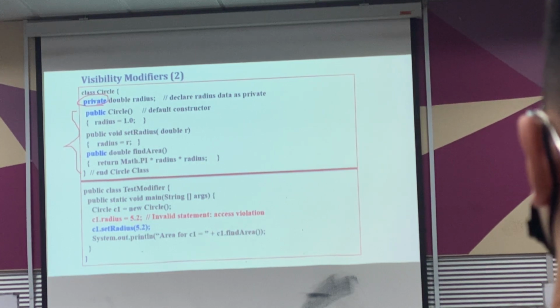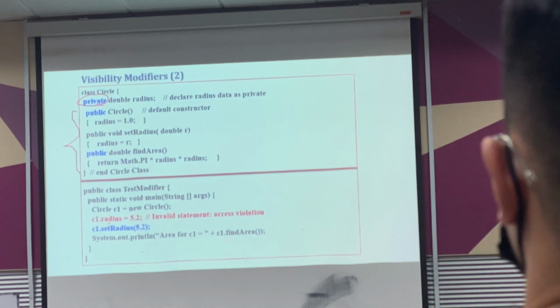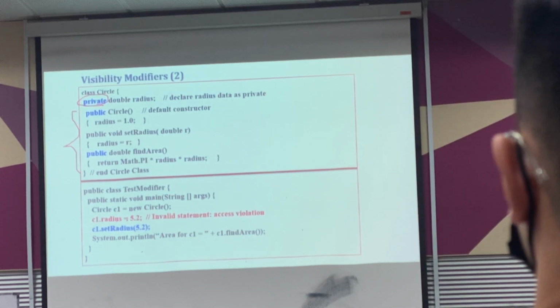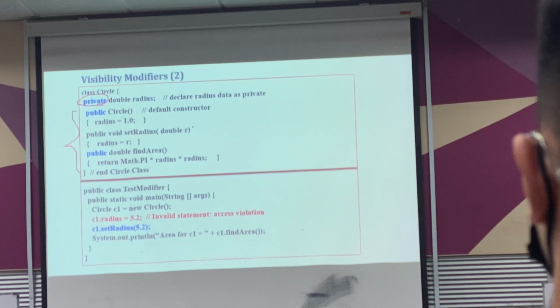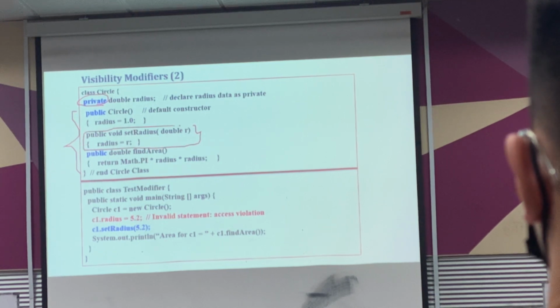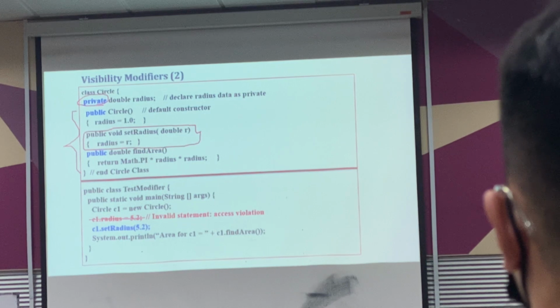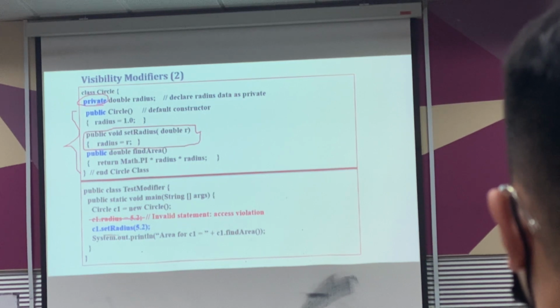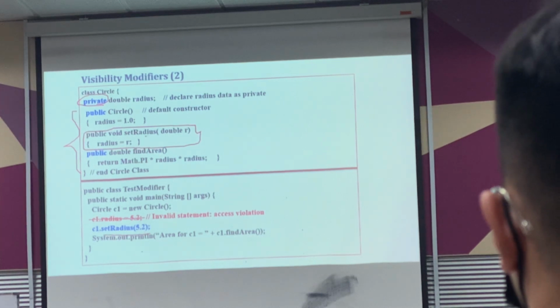But if you create the circle and do not allow the person to change the radius, it's not useful anymore. That means the class is not useful. So at least I need to provide a method in here. This method allows them to change the value. You cannot directly access the number, but I can use this method to set the value. Get that? I set the value through the method here.